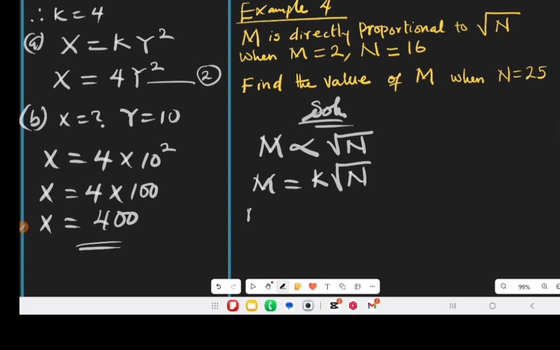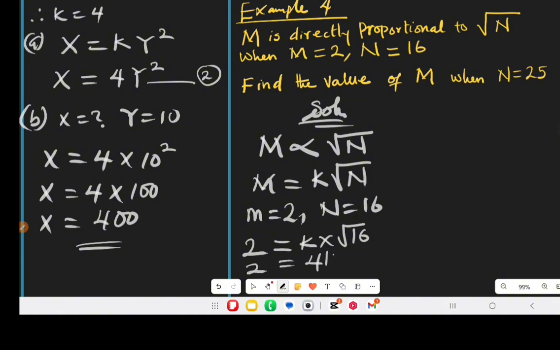And m is given to be 2 and n is equal to 16. That is 2 is equal to k times root of 16. Root of 16 gives us 4, which is 4k.